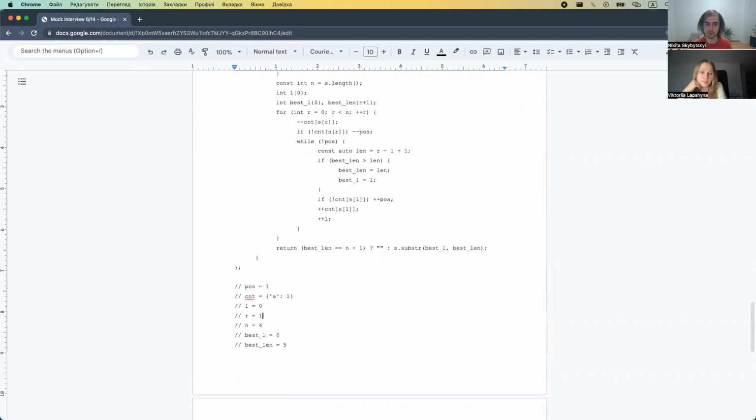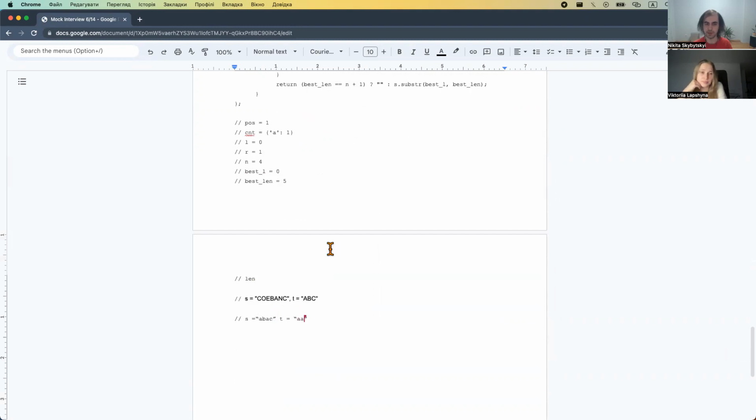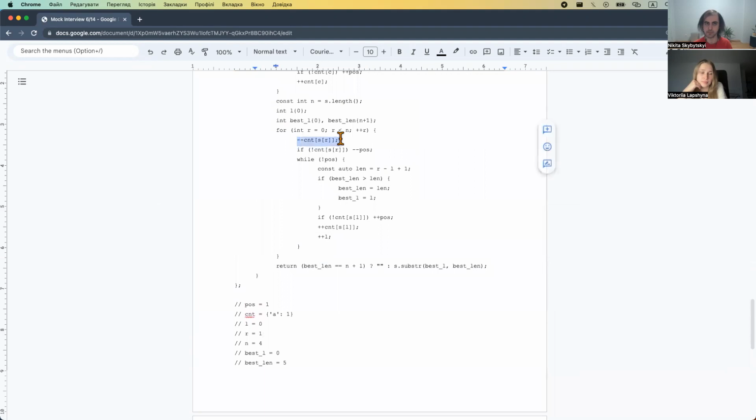Next, right equals 1. This is character B. Decrement the frequency. B is now at -1. Is its frequency 0? No, don't touch pos. Pos is still 1. Don't go into the while loop. Right is now at 2.